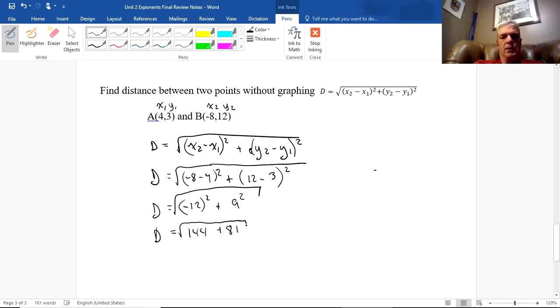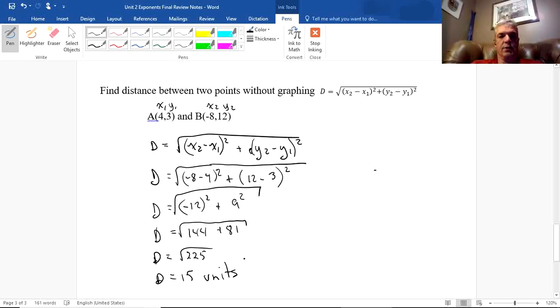I'm going to square root that. I believe this works out to square root of 225. I got to double check that, just make sure. 144 plus 81. Yes, that is correct. And that works out to 15 units. And that's your answer at that point.